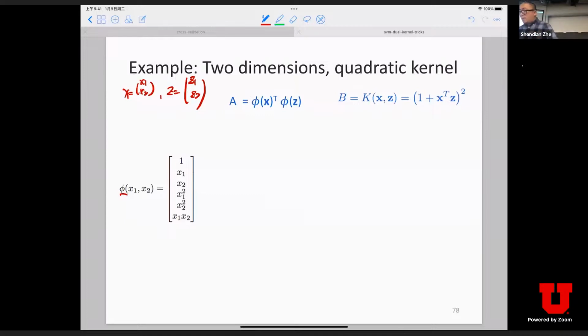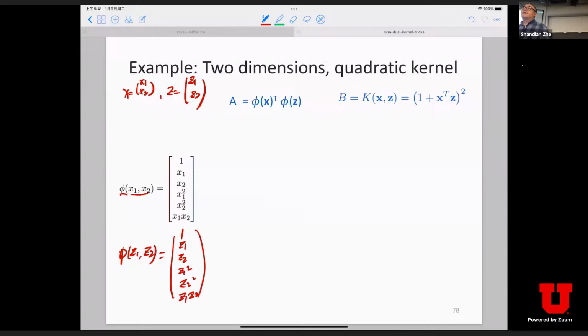So let's first compute A. To compute A, we need to first perform explicit feature mapping. We need to map x to phi(x) and z to phi(z). Phi(x) is already there, so I just do the feature mapping for phi(z), which is 1, z1, z2, z1 squared, z2 squared, z1 z2.